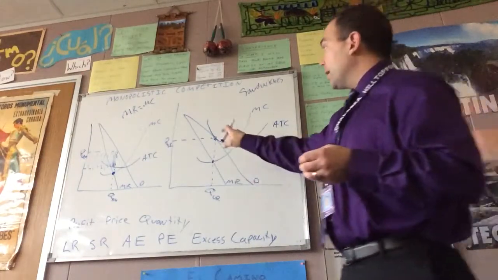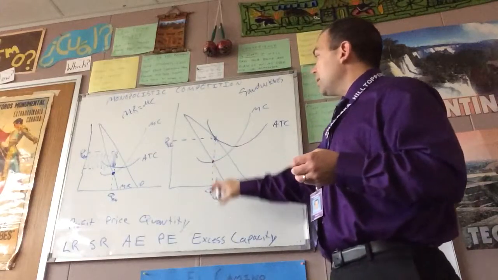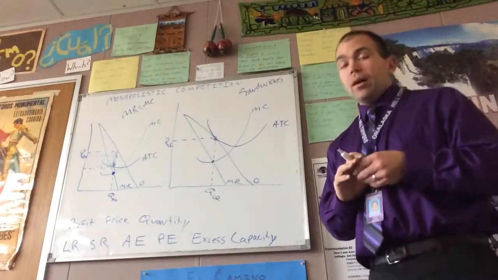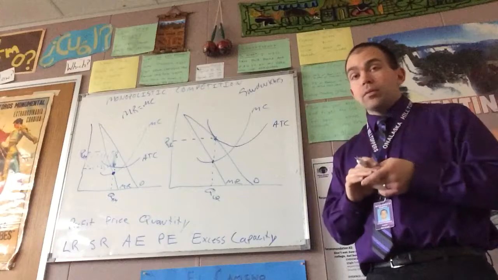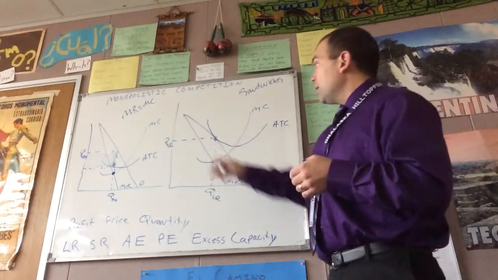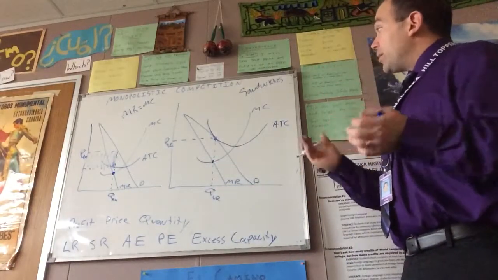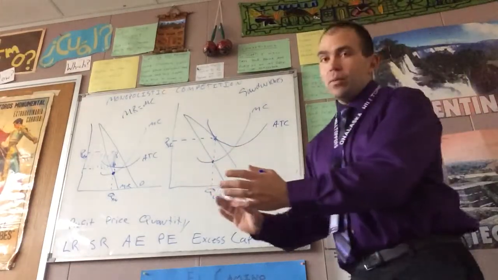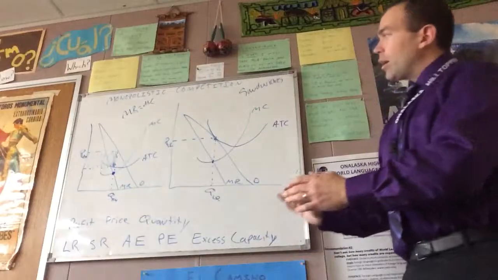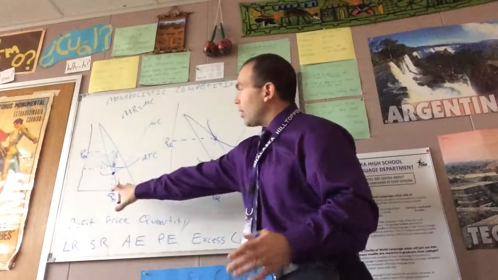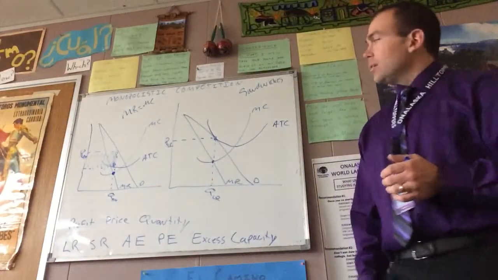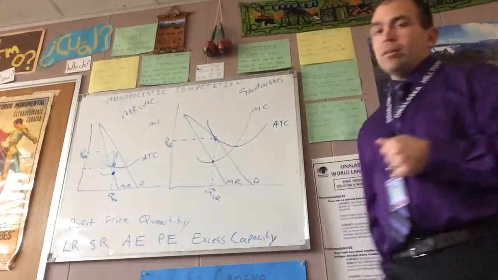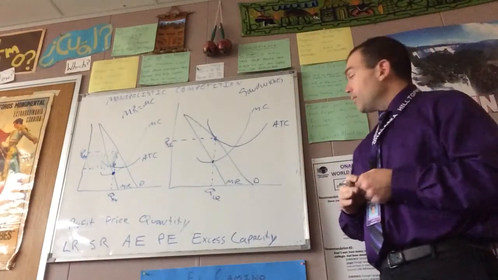Demand and ATC meet at the point above where MR equals MC. It's kind of hard to visualize, kind of weird, but basically the demand curve would have had to shift to the left to make that happen, to where it intersects at that point. So that's our long run.